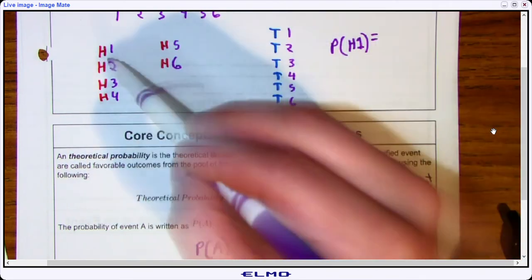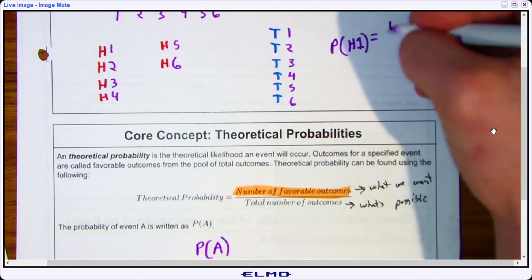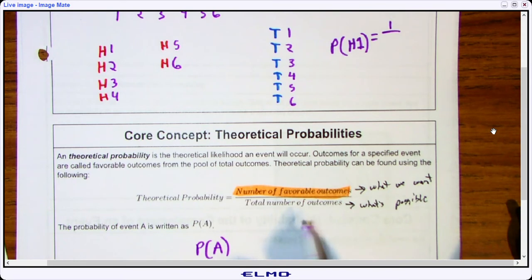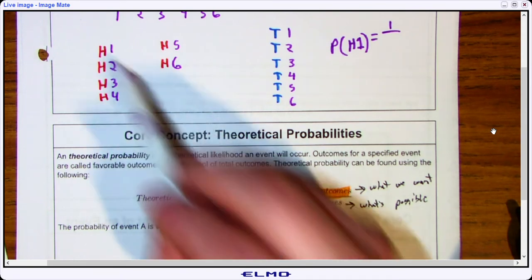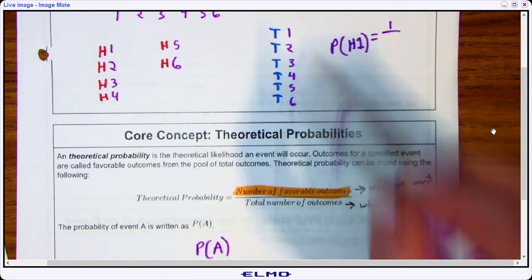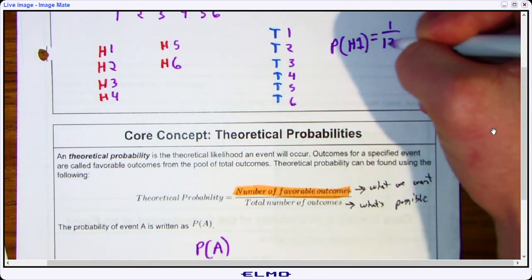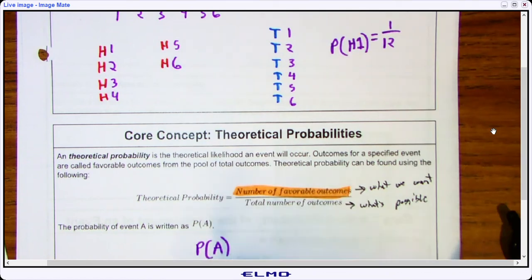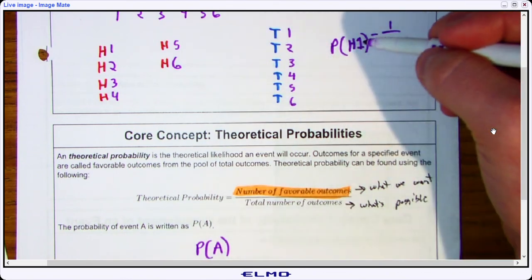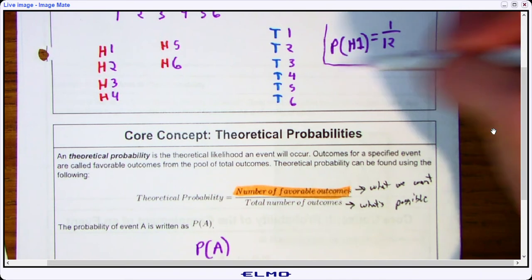We have to flip heads, roll a 1. So 1 over total number of outcomes. Well, there's 1, 2, 3, 4, 5, 6, 7, 8, 9, 10, 11, 12 possible things that could happen, right? So we would just put that over 12. So probability of H1 happening is just 1 over 12.